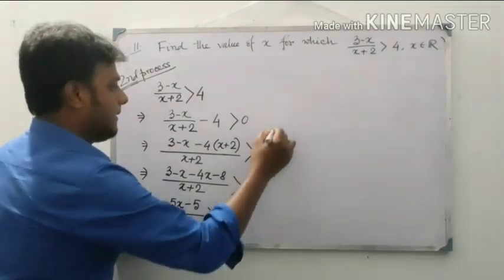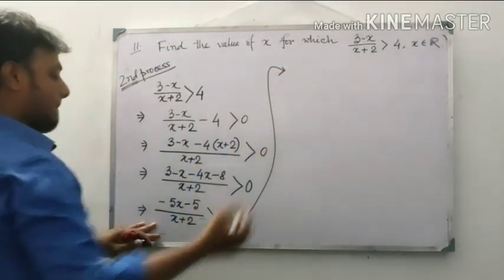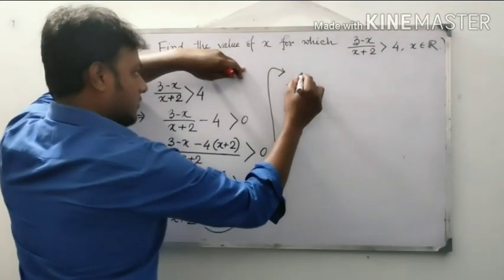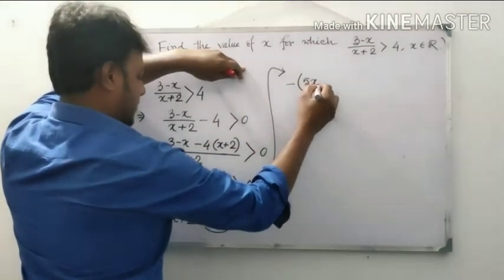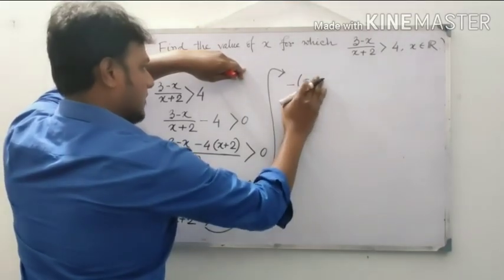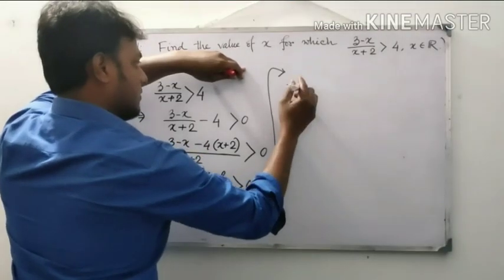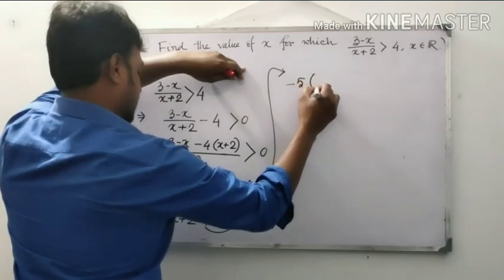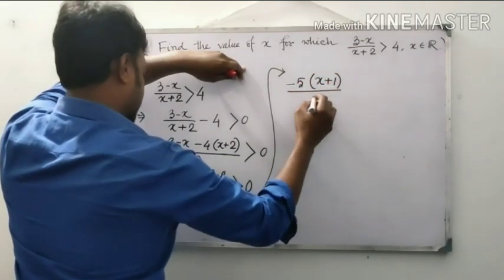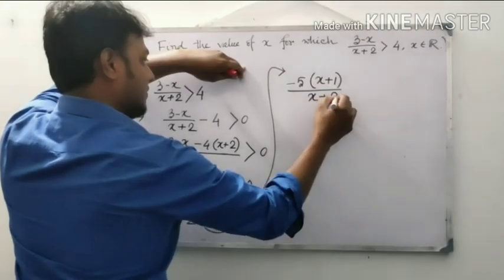After this line, if you take common minus from the numerator, then it will be minus of 5x plus, take common 5, it will be better, minus 5 into x plus 1 by x plus 2 greater than 0.